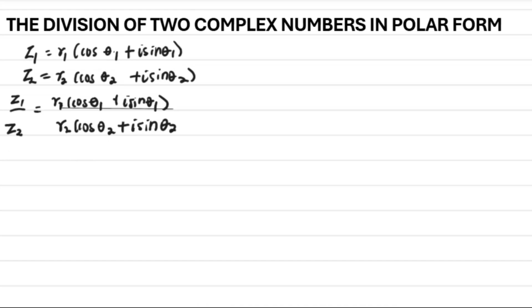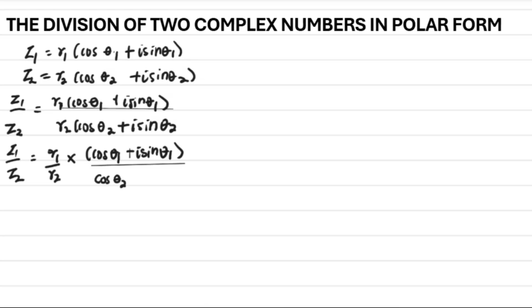So here, Z1 over Z2 is going to give us R1 over R2. Then let me use a combined, okay, before you say a combined bracket, let me just say times. We have cos theta 1 plus I sine theta 1, divided by cos theta 2 plus I sine theta 2.